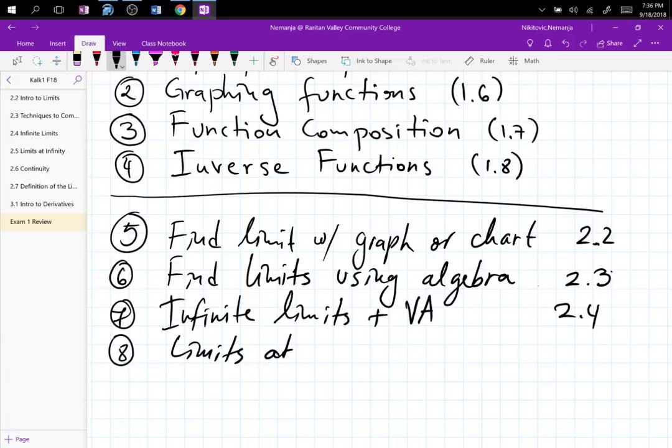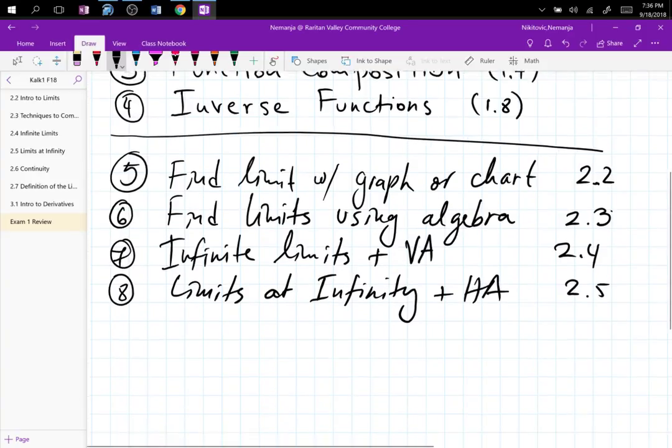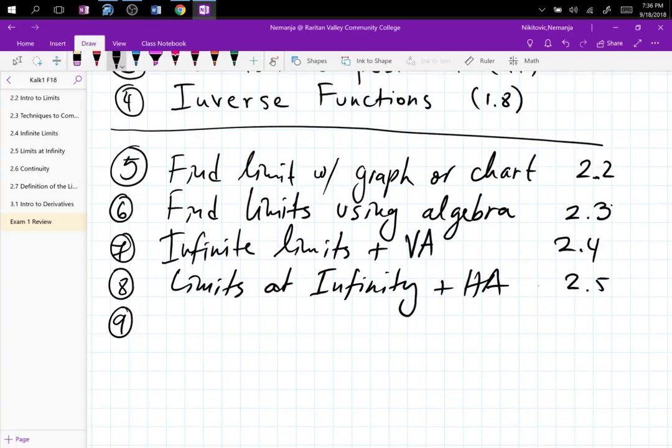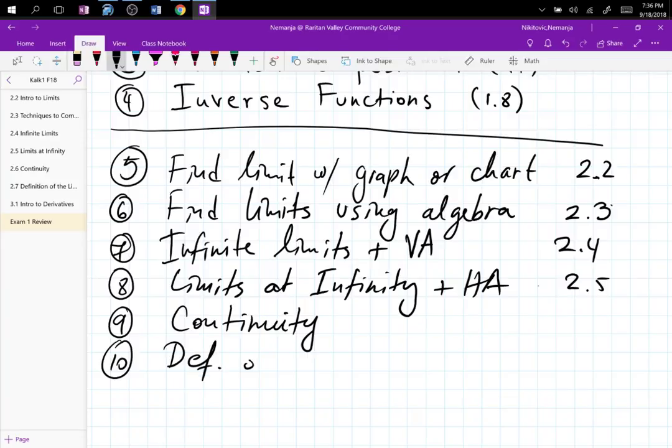Number 8, limits at infinity plus horizontal asymptote, 2.5. Number 9, continuity. And 10, definition of the limit plus 2 pictures.